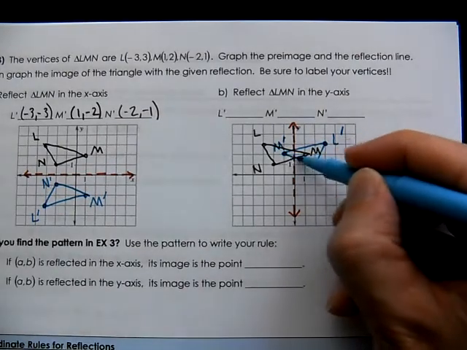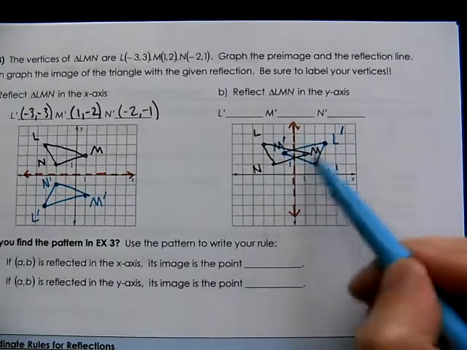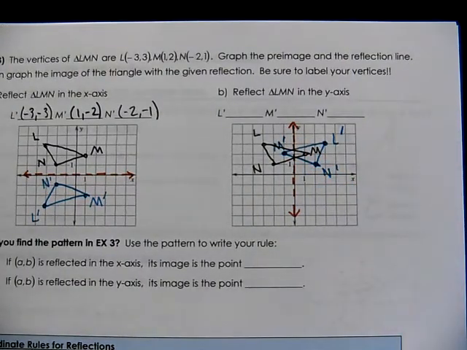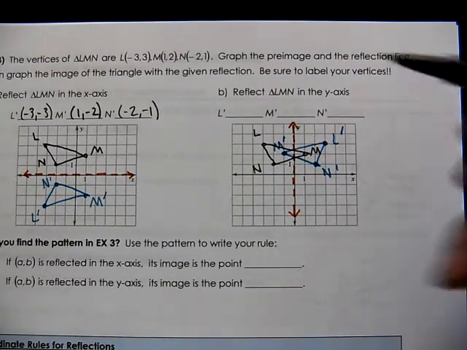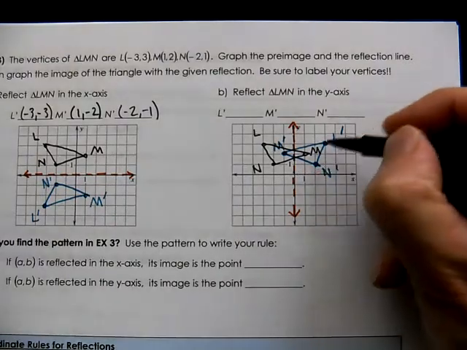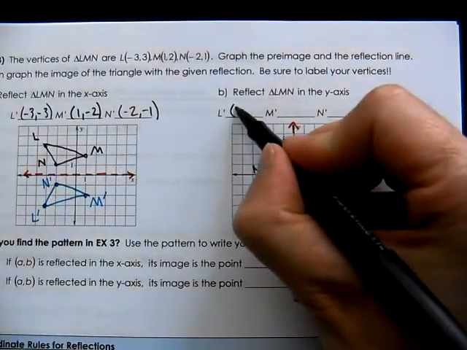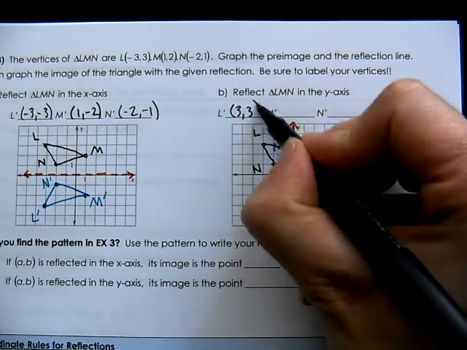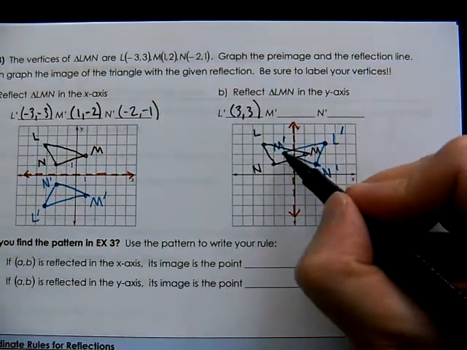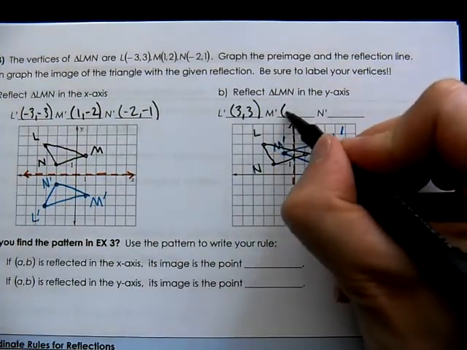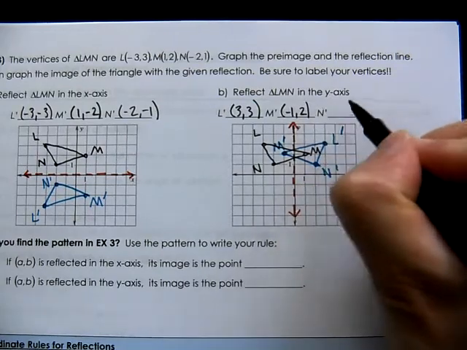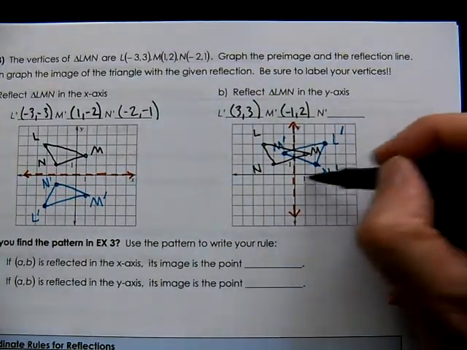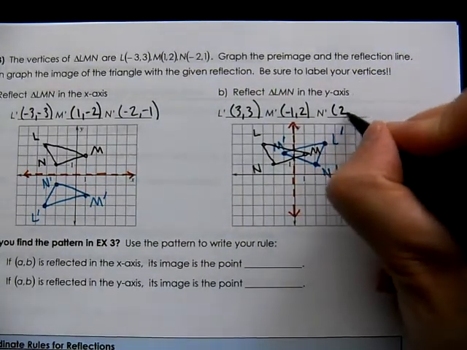You can see there's a little bit of an overlap between the two figures in this instance. And let's identify the coordinates. So L prime is located at 3, 3. M prime is located at -1, 2. And N prime is located at 2, 1.